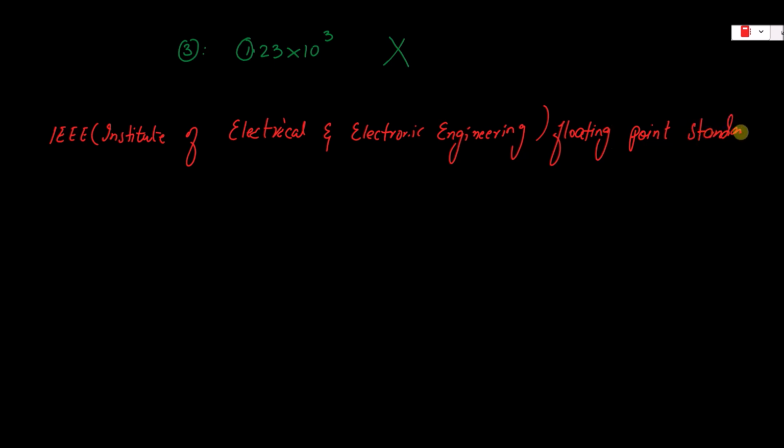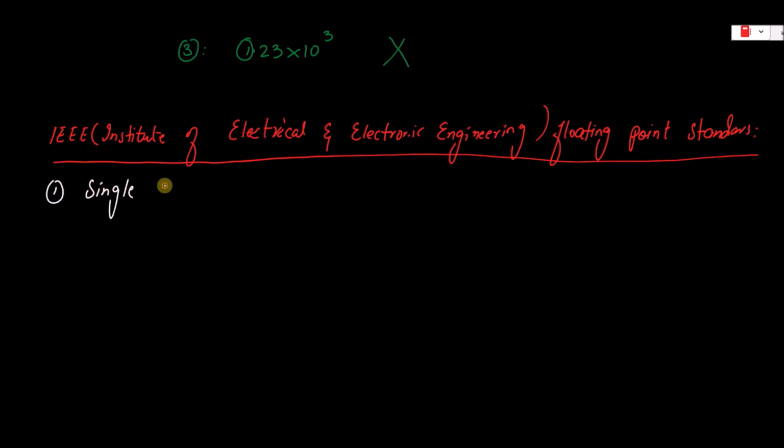And according to these standards, we have two types of systems. Number one is the single precision. And in single precision, we have 32 bits.